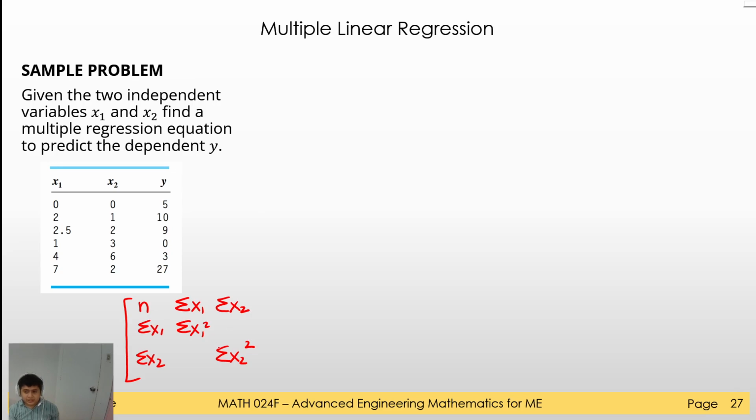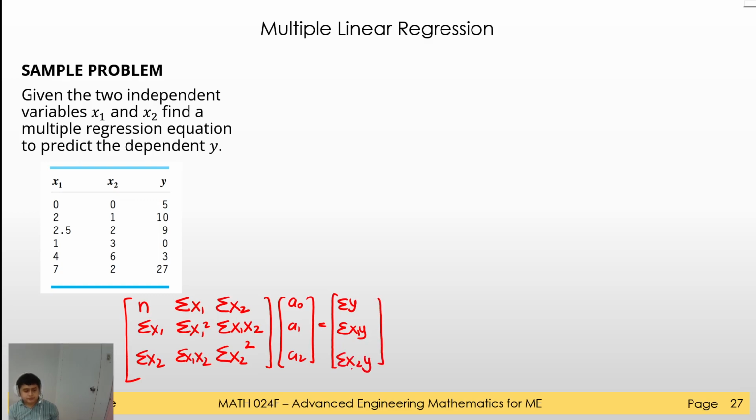And then what's next? We have here the summation of x1 times x2, and then the summation of x1 and x2. And then we have three unknowns, so we have a0, a1, and a2. And then equals to, we have the summation of y, the summation of x1y, and then the summation of x2y.